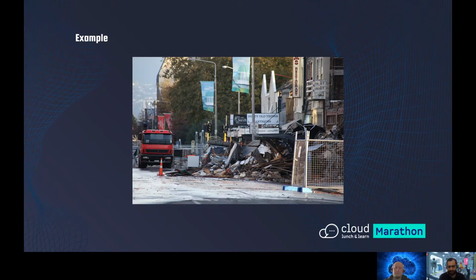Or if there's a fire somewhere, we can see what the extent of the fire is, and then we can send the fire trucks where the greatest need is. So together with a lot of technologies, Stack Hub or Stack Edge can help save lives in a disaster or in any other similar scenario.